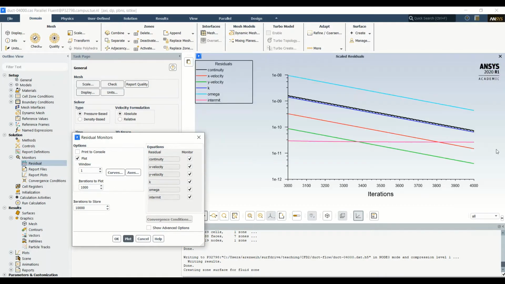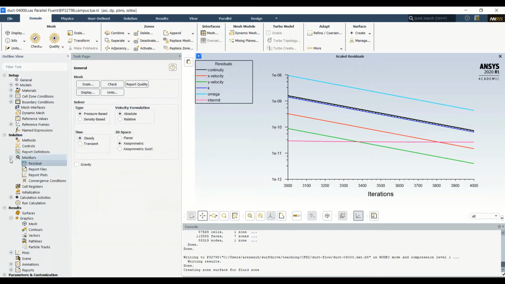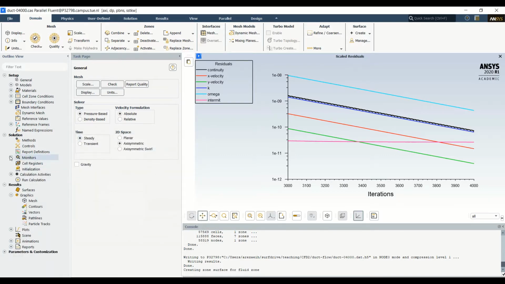We see that the residuals have all dropped to below 10 to the power of minus 9. So the simulation has converged. Now we can take a look at the flow, for example.